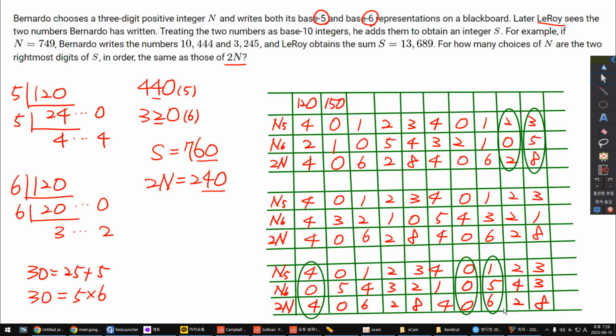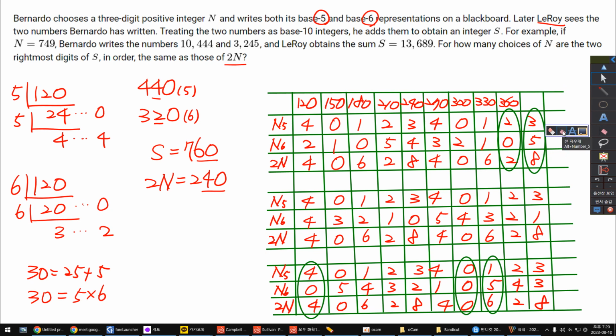So let's take one of the cases as an example. If we keep adding 30, the first case happens when we use 360.